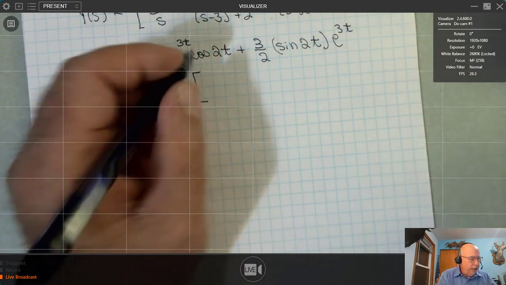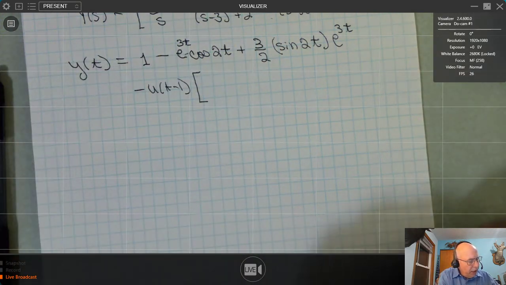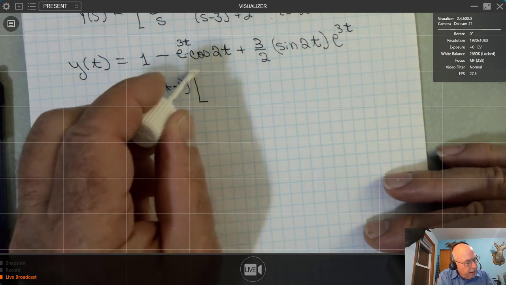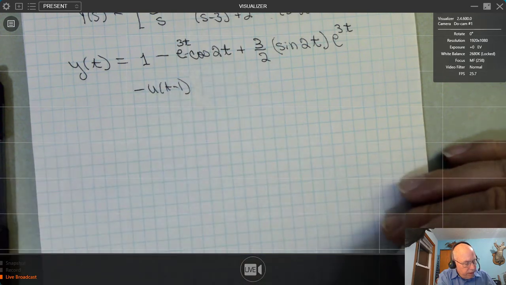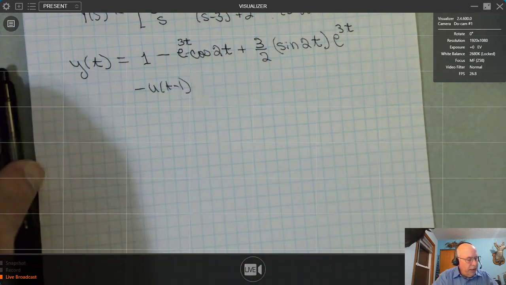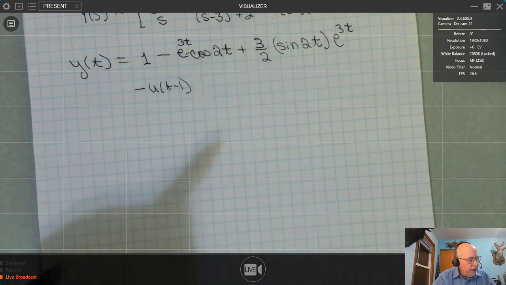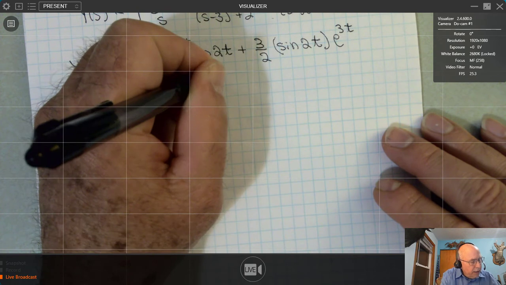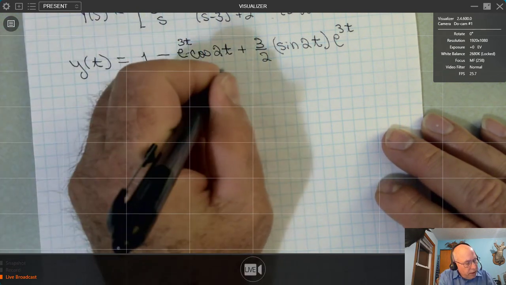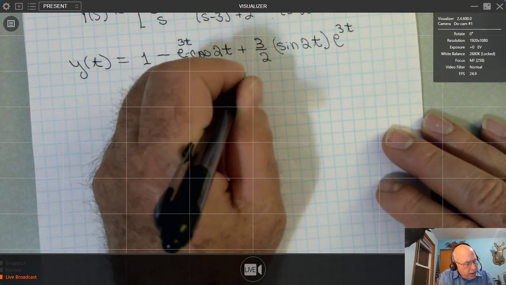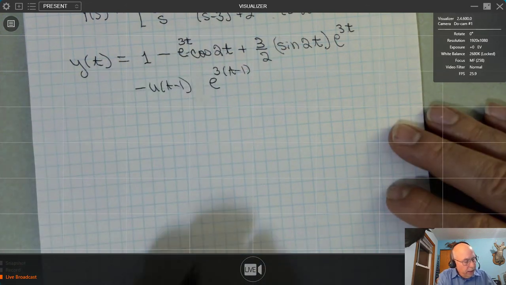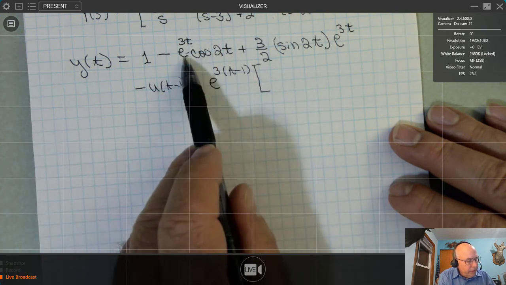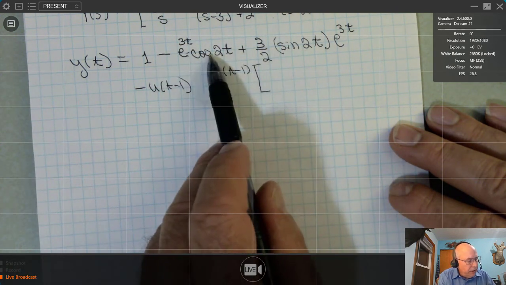Actually, I regret writing that bracket right there, because I can see that I have an e to the 3t that's common on these, so why not factor that out? This is complex enough as it is, but now I'm shifting by 1 unit. And then I have left my linear combination of cosine and sine.